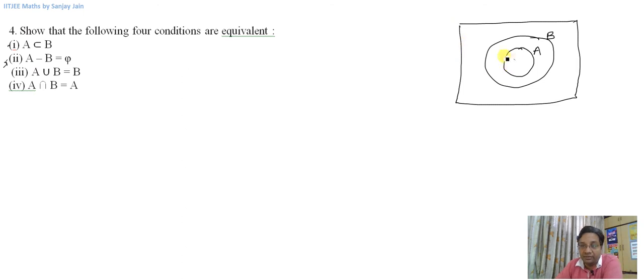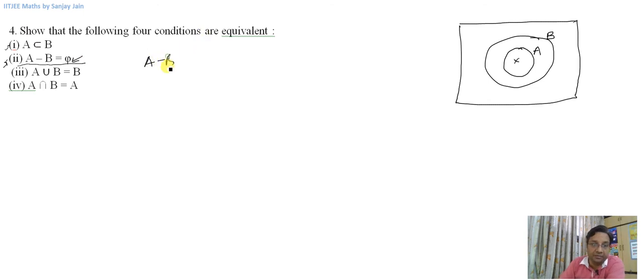So if the first statement is true that A is a subset of B, can there be any element in A which is not in B? No. So it is phi. Hence it is equivalent to saying that A is a subset of B. This second statement means what? If I say this statement in English language, it means there is no element in A that is not there in B, right?